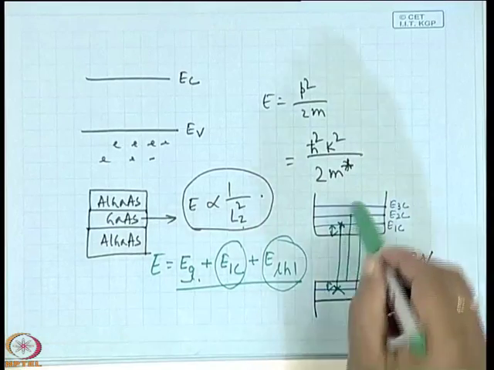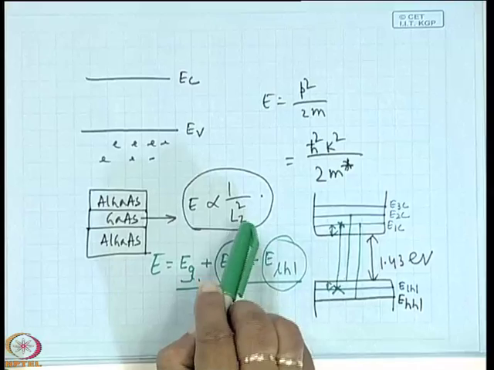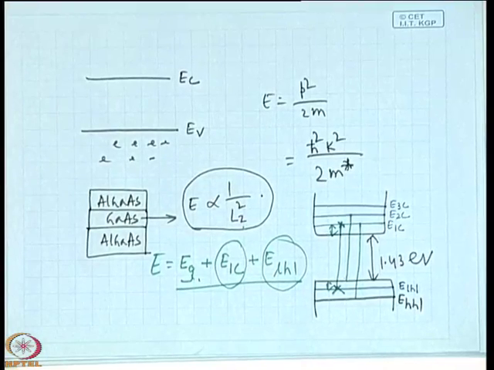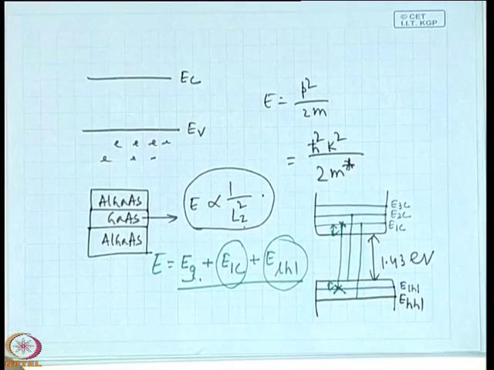Because the splitting depends on the value of Lz. You can write a program, solve iteratively, plot energy versus thickness, and then choose a particular thickness to get one particular energy. But the material is the same, remember, the material is gallium arsenide, and this is applicable for any material.